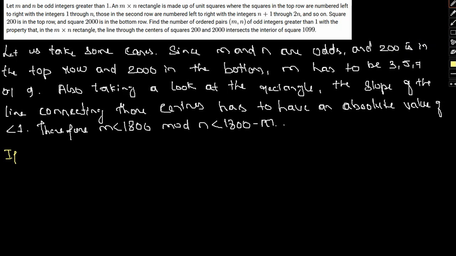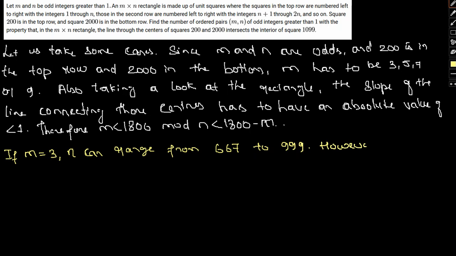If m equals 3, n can range from 667 to 999. However, 900 divides 1800.